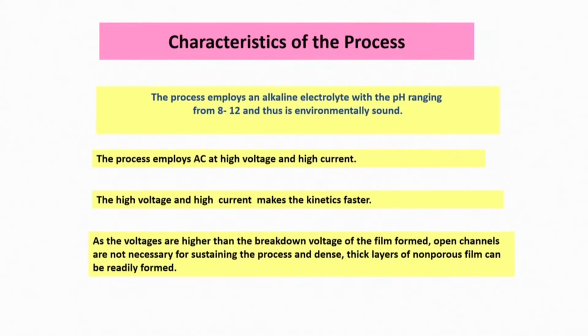The process employs AC current at high voltage and high current, which makes the kinetics faster. As the voltage is higher than the breakdown voltage of the film, open channels form, which act as a path for transportation of the molten metal from below the oxide level to the surface of the oxide scale.